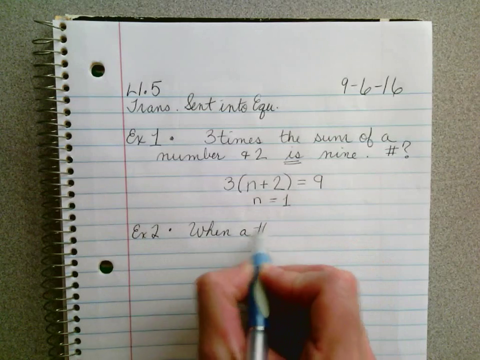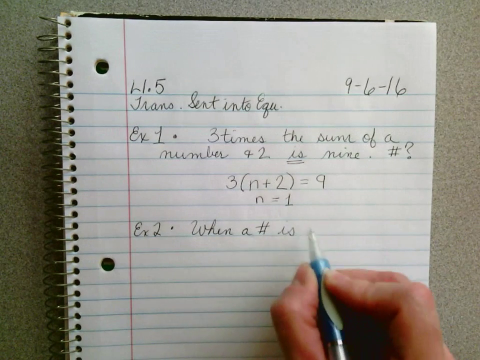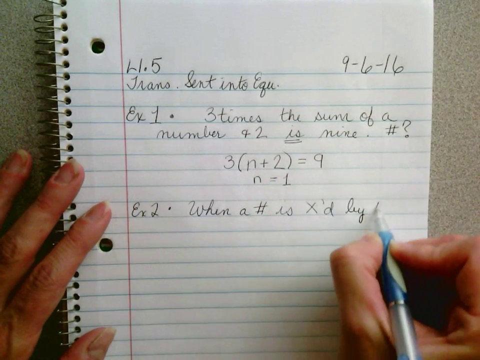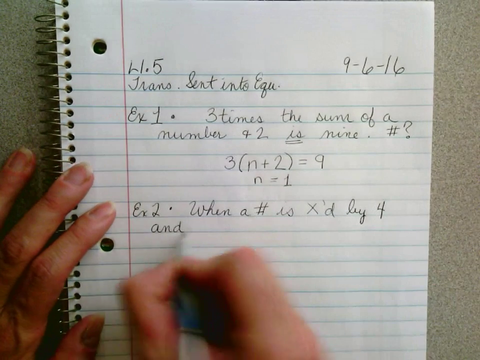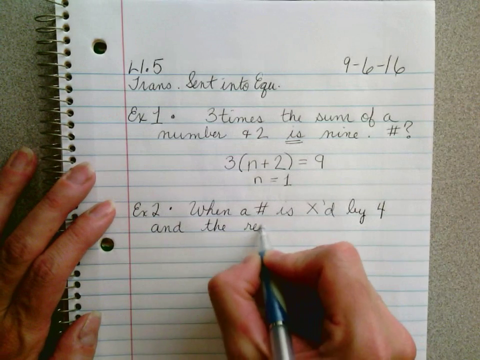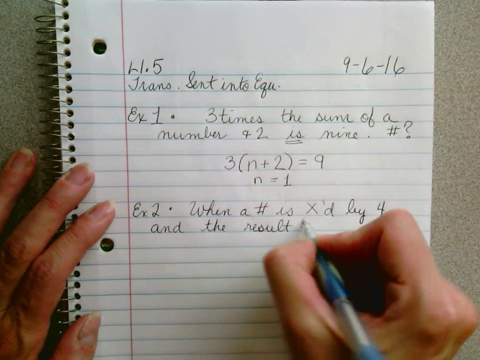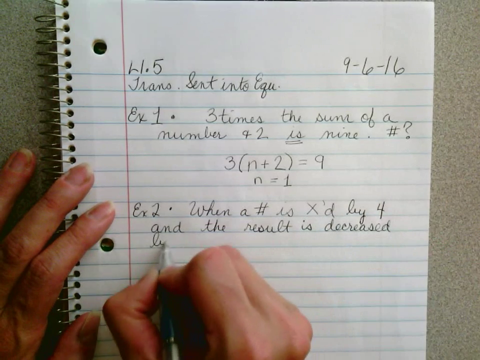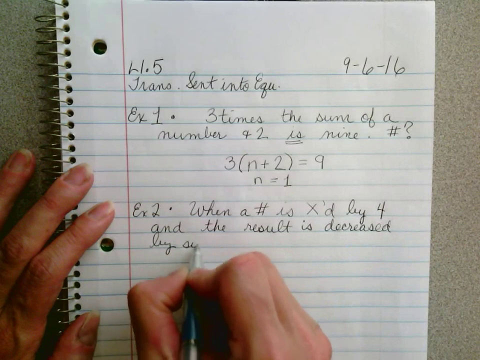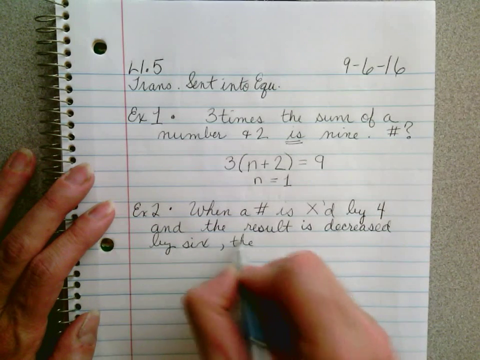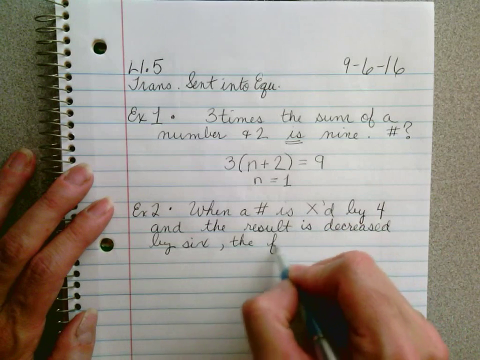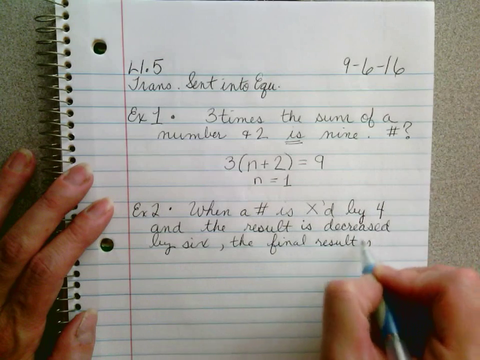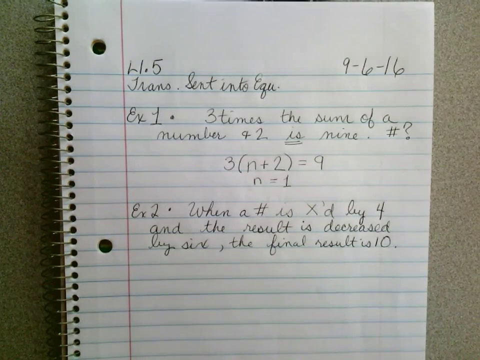When a number is multiplied by 4 and the result is decreased by 6, the final result is 10. Most of you are thinking this is so clunky.